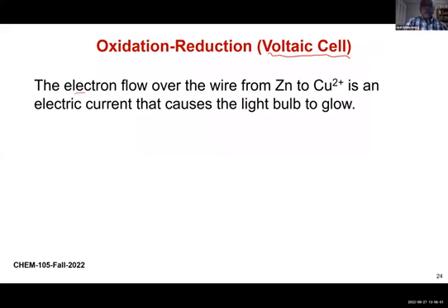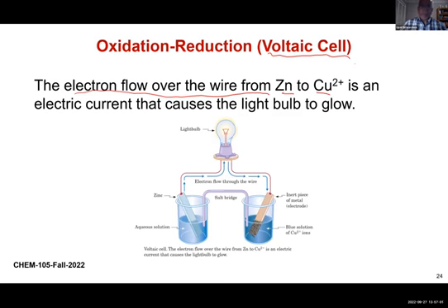Electrons flow over the wire from zinc to copper. We use a wire in this diagram below. If you look at this, this is the copper electrode, and the zinc electrode right here.